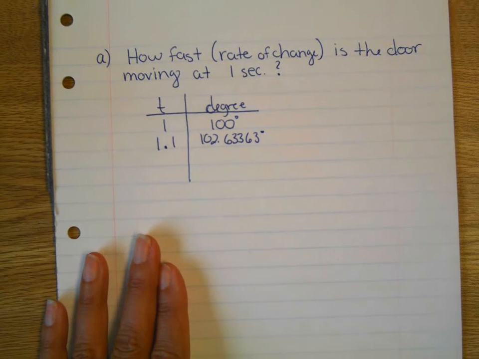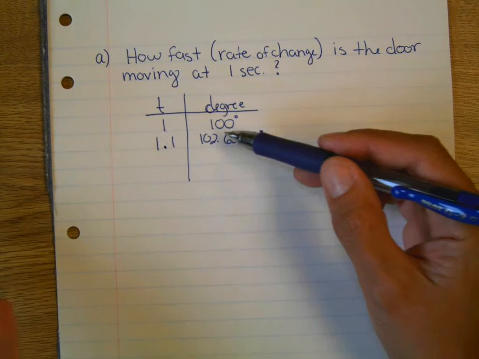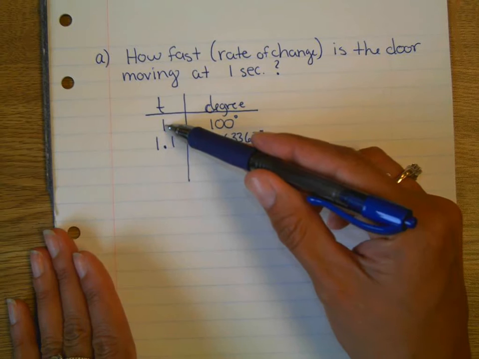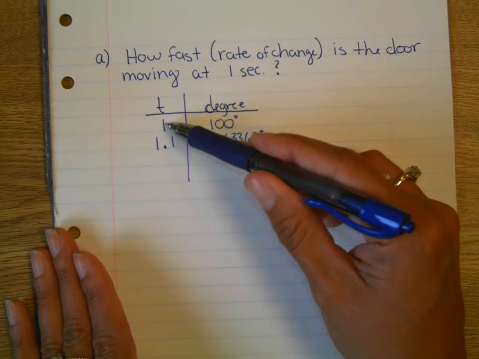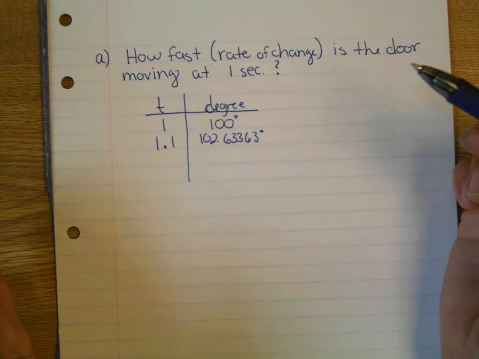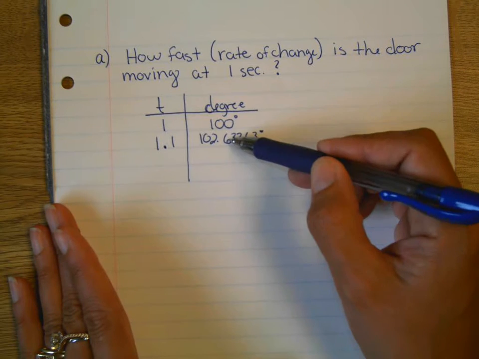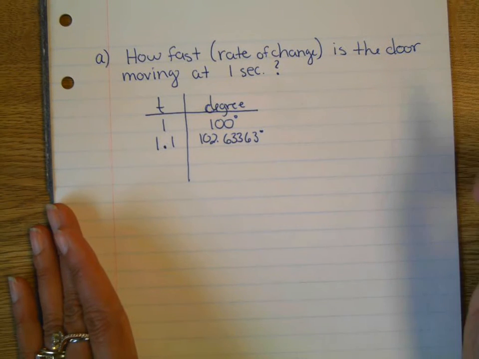Okay, so now what I can do to figure out how fast it's moving at 1, and it's just going to be an average because I'm looking at what's happening in this very short interval. And that's going to be my estimate for what's happening at 1 second. And the way we're going to do that is by taking the change in degree over the change in time. So that will give me degrees per second.